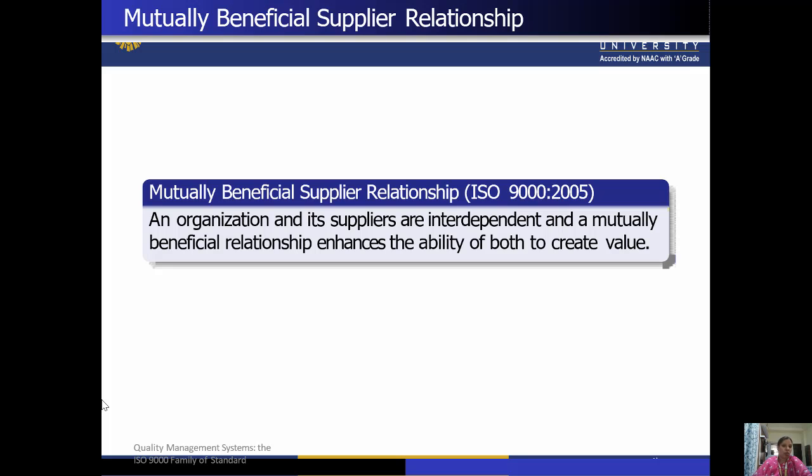Now next is the mutually beneficial supplier relationship. As per ISO 9000:2005, the next principle is mutually beneficial supplier relationships.